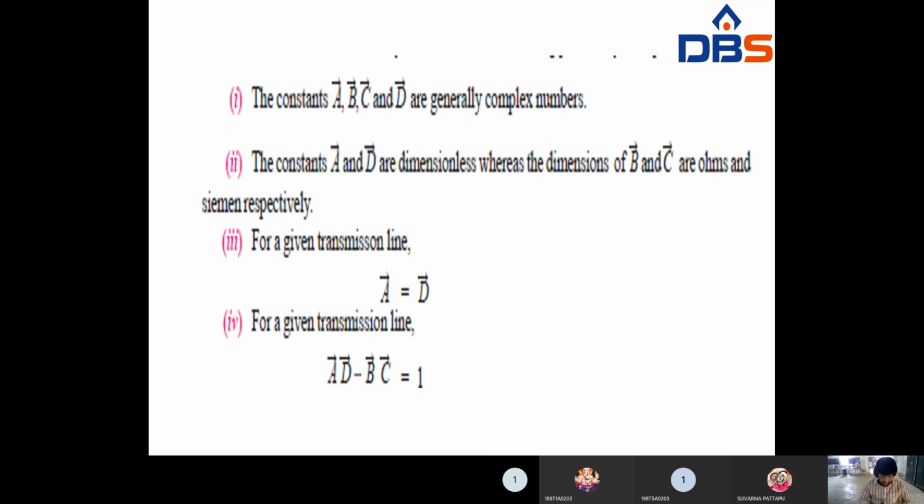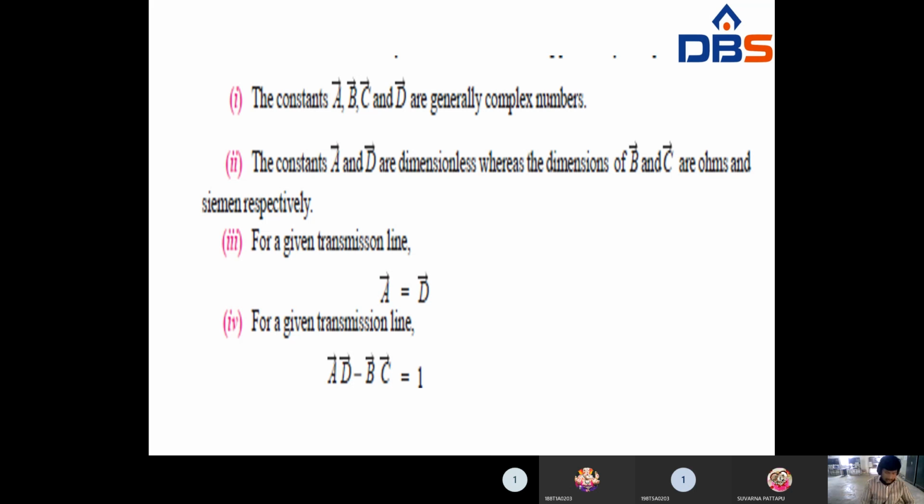Why? Because we shall establish the correctness of the above characteristics of the generalized circuit constants in the following discussion. That means for the following transmission lines, that is short, medium, or long transmission lines, right?